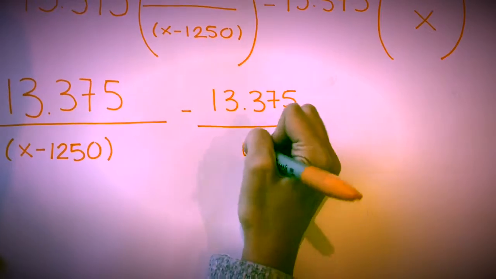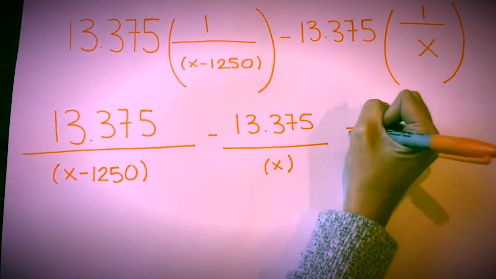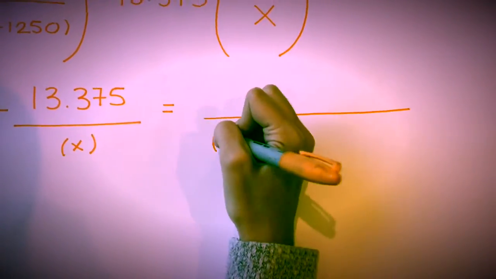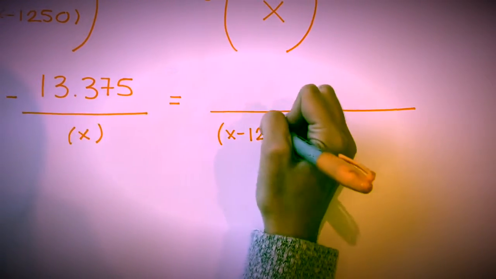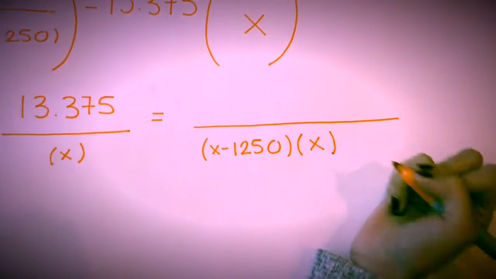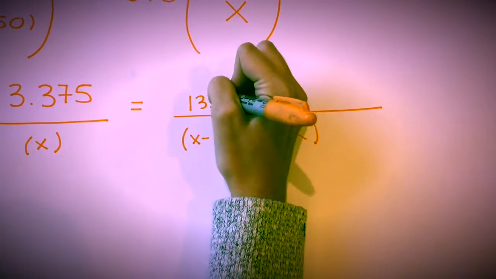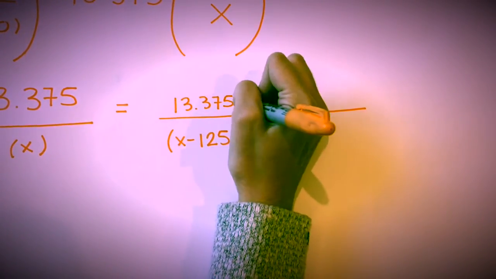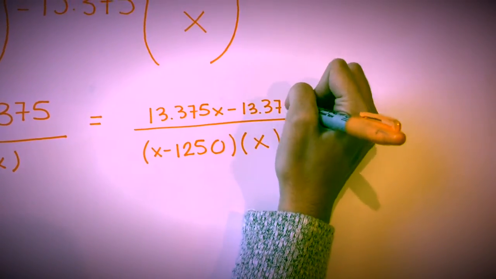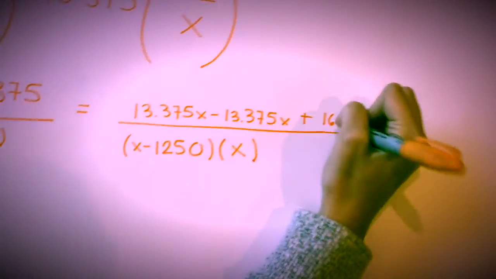And the next thing we're going to do is subtract those two by getting a common denominator. Our common denominator is going to be x minus 1250 and x. So we multiply 30.375 times x, because it's the common denominator you're missing, and it's 30.375x, and then we multiply 30.375 times x times 1250.